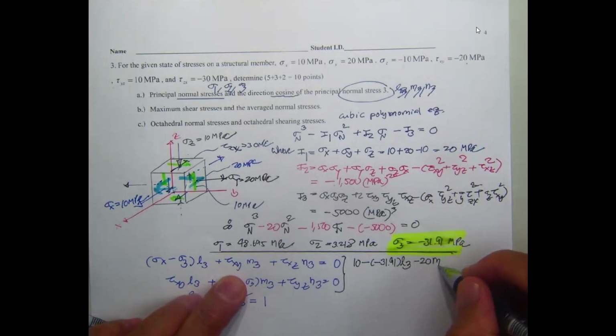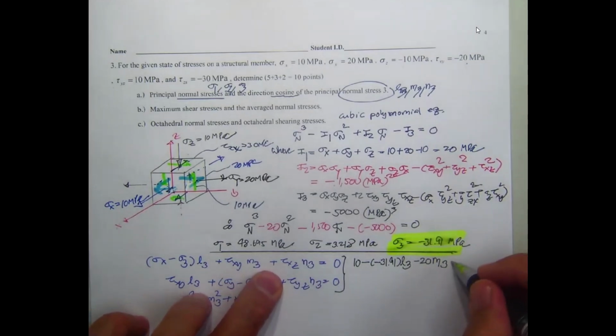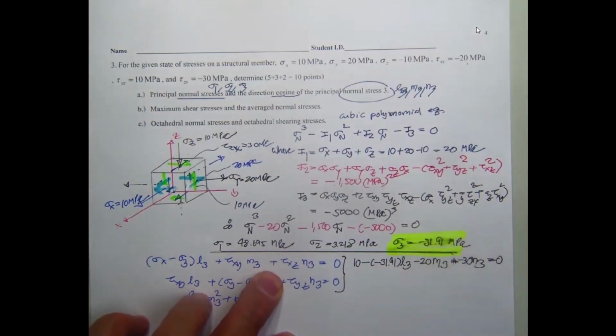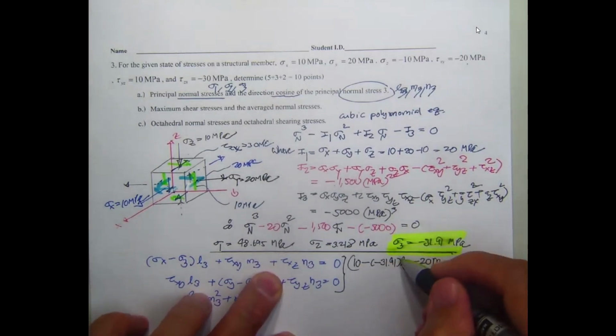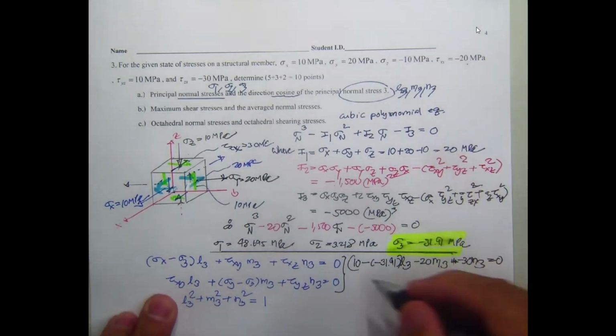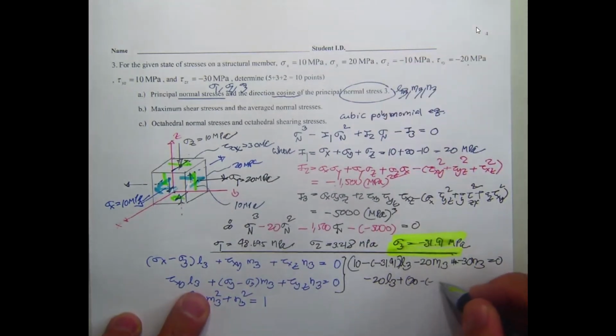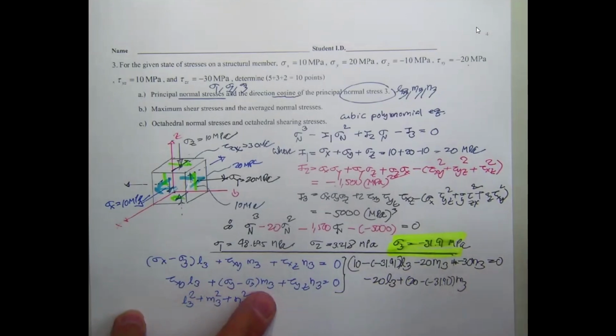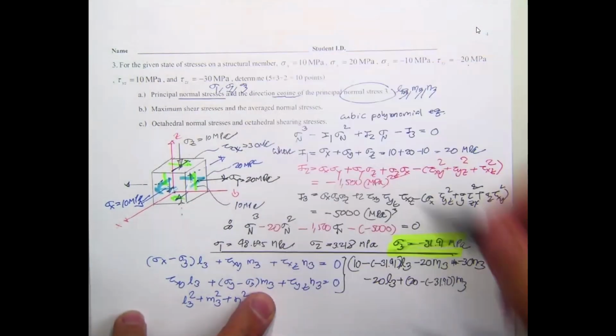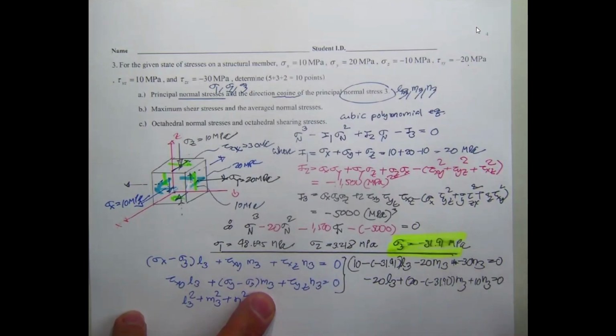And then plus tau xz, minus 30, N3 equal to 0. And then tau xy minus 20 L3 plus sigma y 20, minus of the minus 31.91, M3, and then tau yz is here, plus 10 N3 equal to 0.